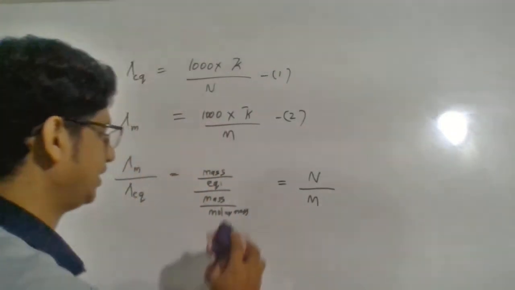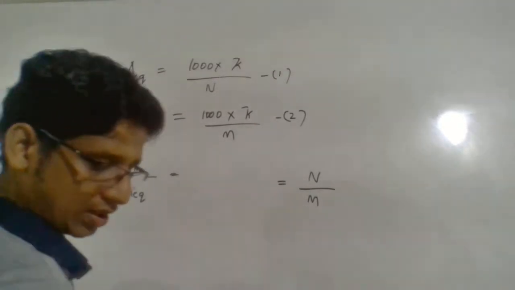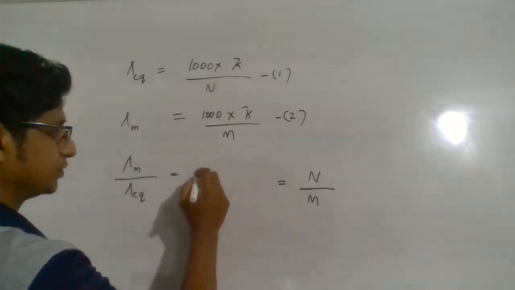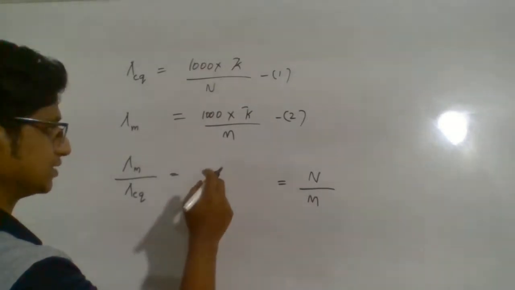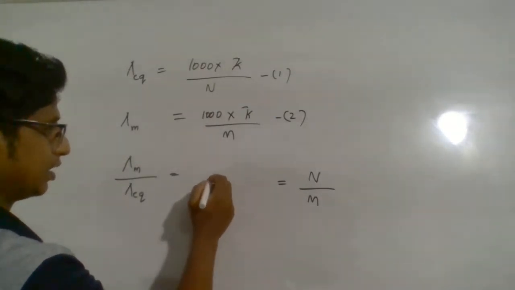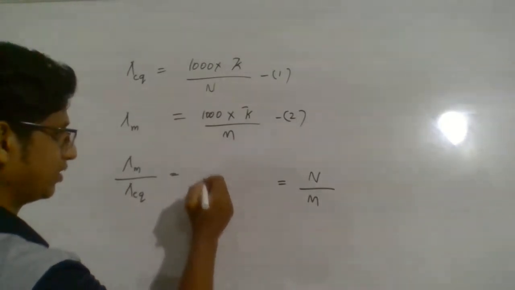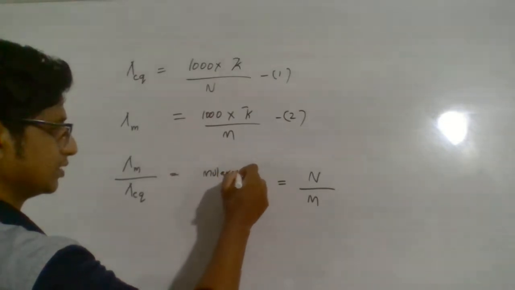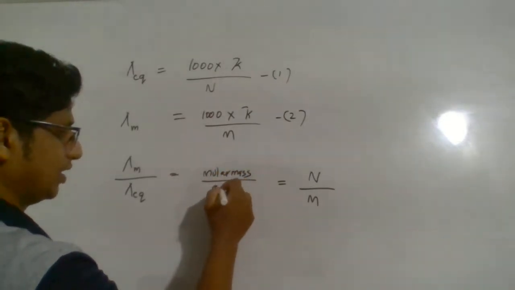Molar mass will come up and equivalent mass will be down, so the ratio is molar mass divided by equivalent mass.